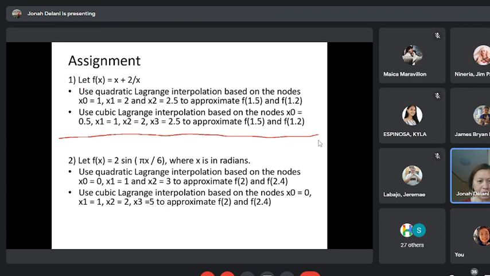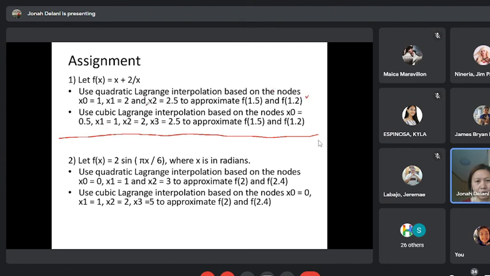Tanaw sa nato ha. Use quadratic Lagrange interpolation based on the nodes x of 0 equals 1, x of 1 equals 2, x of 2 equals 2.5 to approximate f of 1.5 and f of 1.2. Nasabtan na rin ang problem.